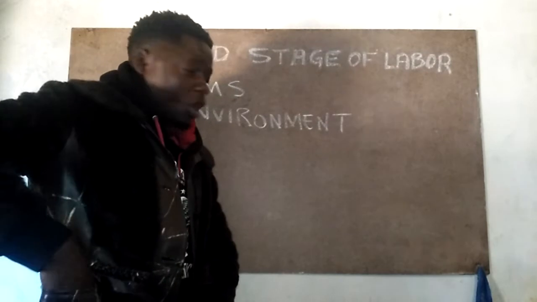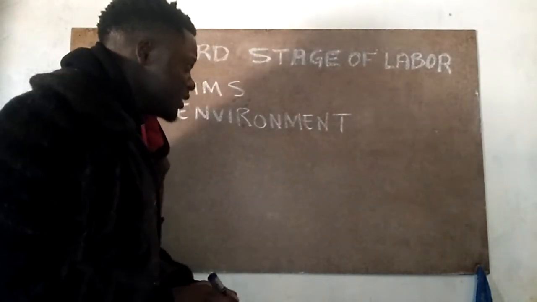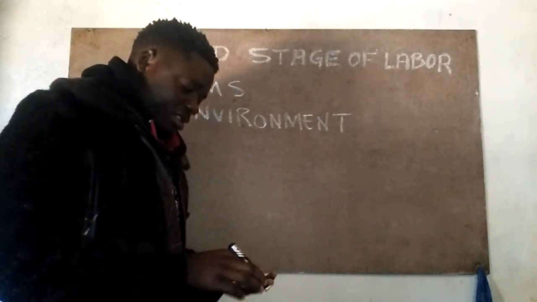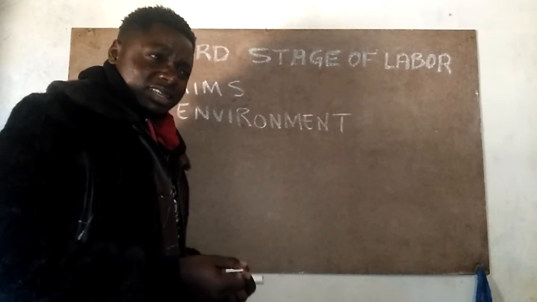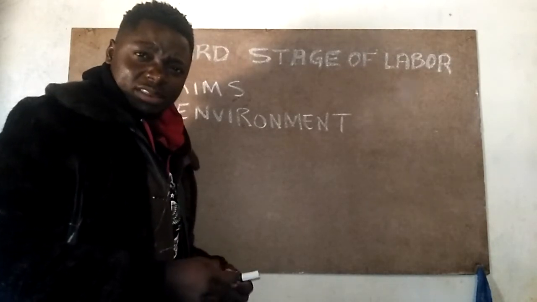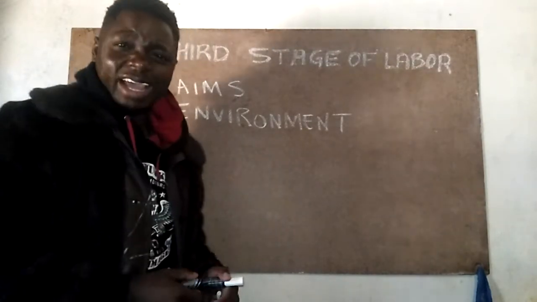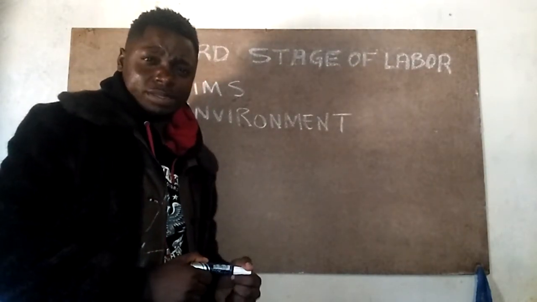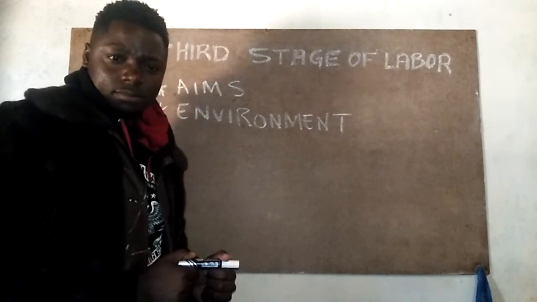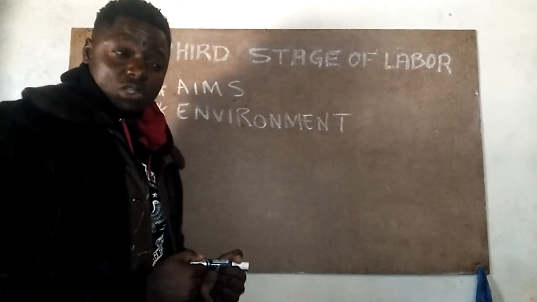Now, in this environment, of course, there are medical facilities and equipment that we will need in order to take care of the woman in the third stage of labor. What are those things? Oxytocin is one of them.